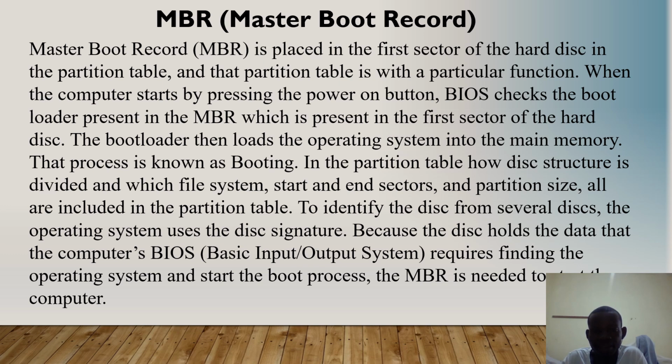So to identify the disk from several disks, the operating system uses disk signature, and this signature is normally provided by the MBR. So the disk holds the data that the computer's BIOS requires in finding the operating system and to start the boot process.